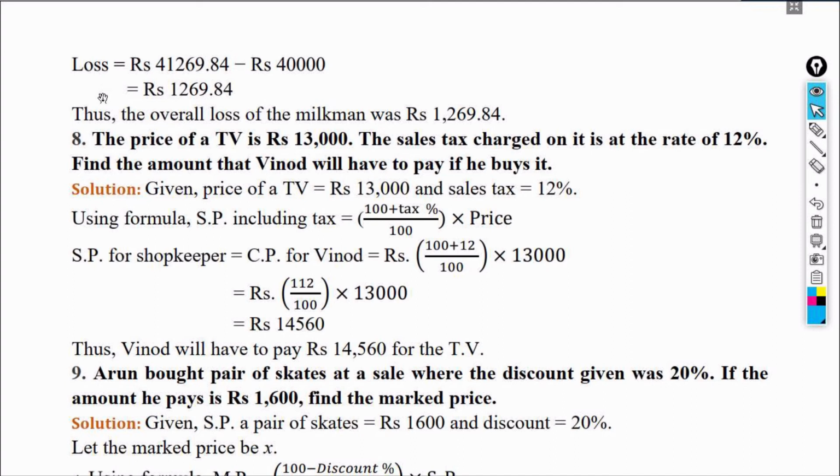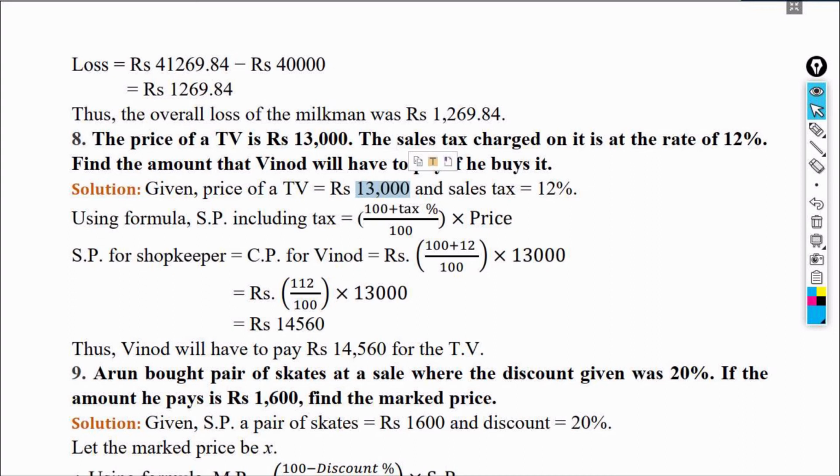Here the CP, cost price for the shopkeeper is given, that is rupees 13,000, and he charges sales tax of 12%. Then just use a similar formula as you are using in profit, in gain.